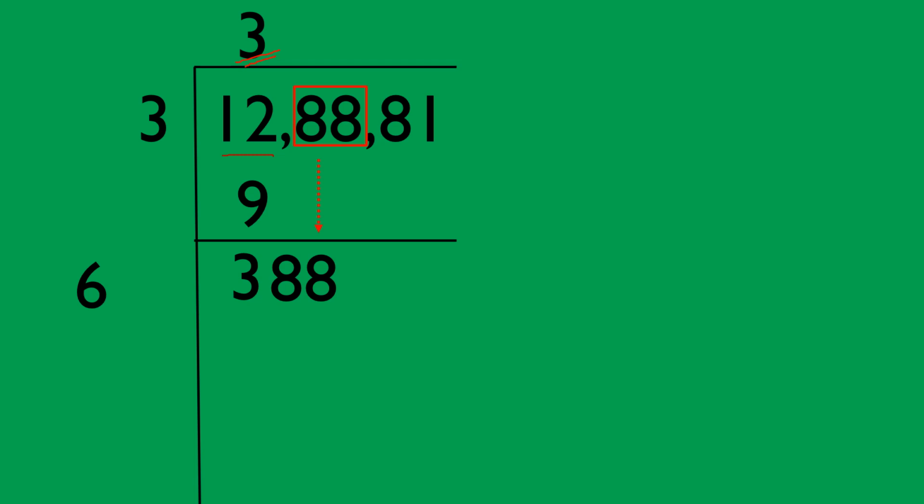Therefore, we'll put the 6 on the left-hand side. Now, we will ask ourselves, what number do we put on top? And then by the 6, that is here. And then also here, what number do we put here? That when we multiply it, it gives us either 388 or something slightly less than 388.